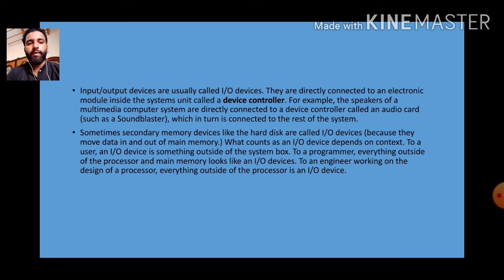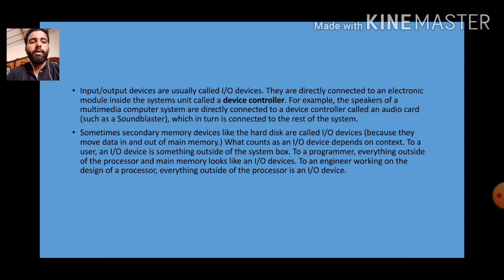Sometimes secondary memory devices like the hard disk are called I/O devices because they move data in and out of the main memory. What counts as an input and output device depends on context. To a user, an input and output device is something outside of the system box.